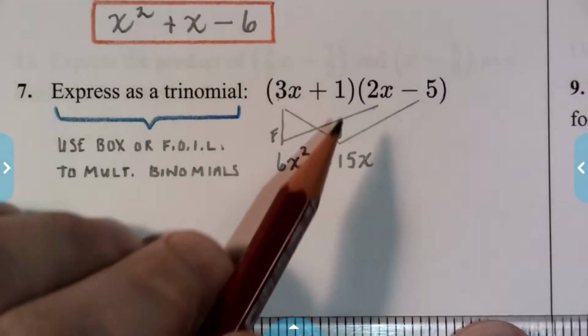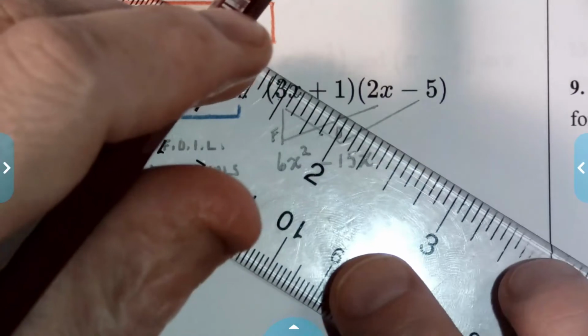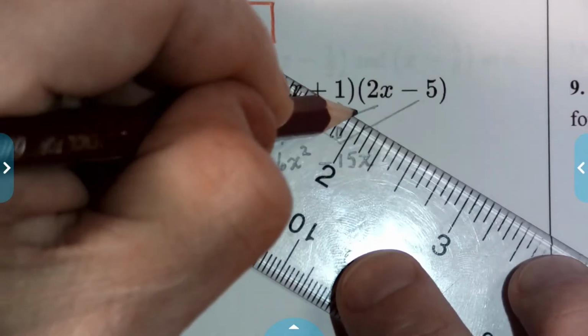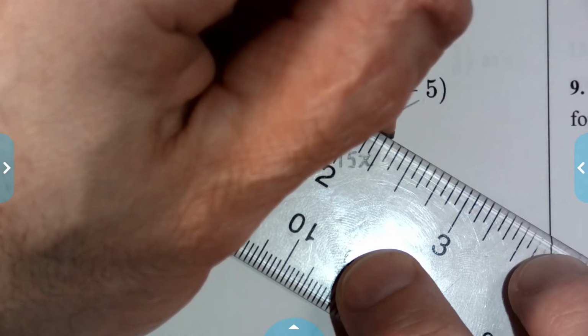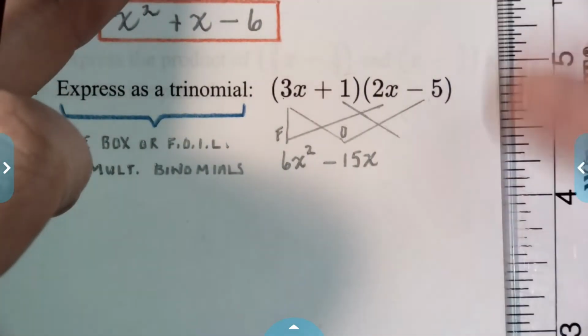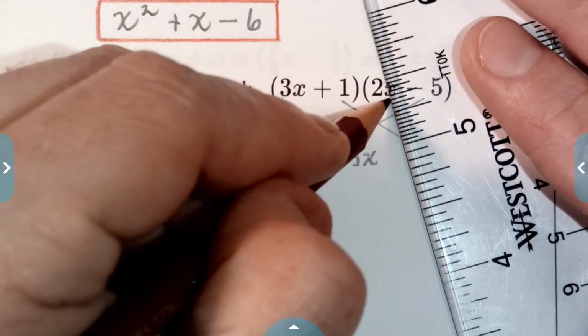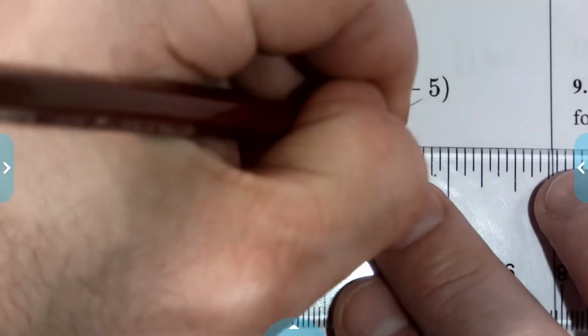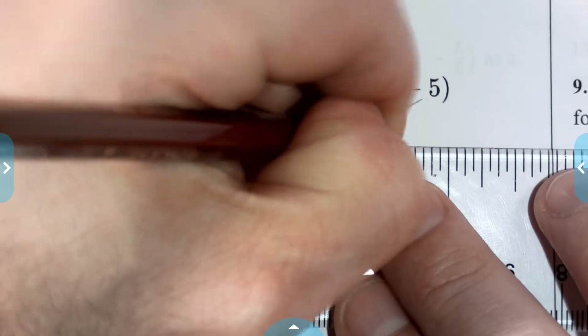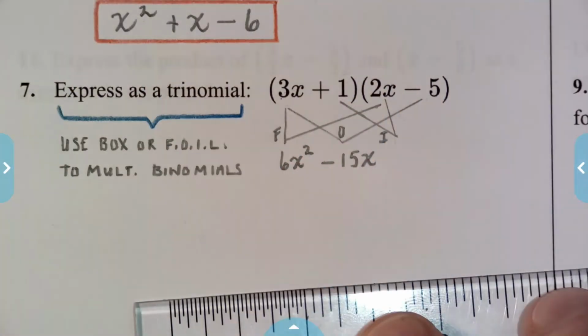Inner times inner. Okay. We got 1 times 2x. And that's going to be my inner times inner. Well, okay, that's just going to be plus 2x, right?